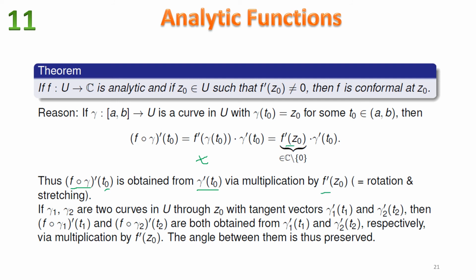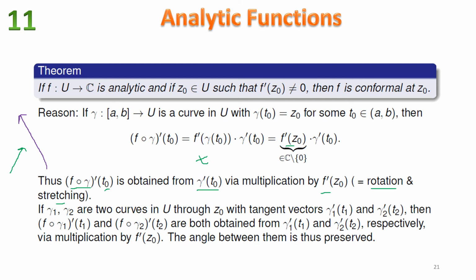Multiplication of a complex number by another non-zero complex number is actually rotation and stretching. So initially if it is like this, then after the operation it becomes the same with a different angle and stretched.